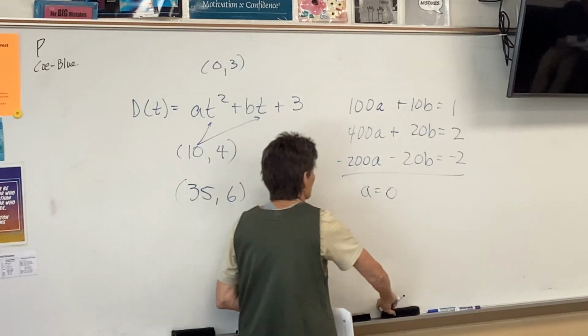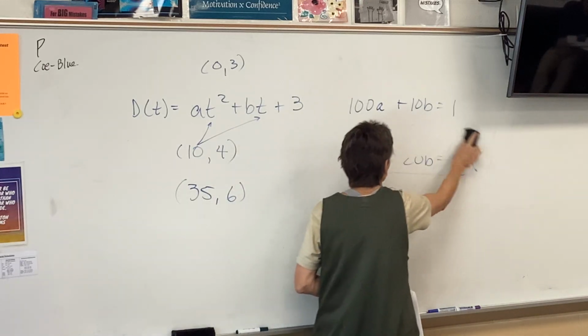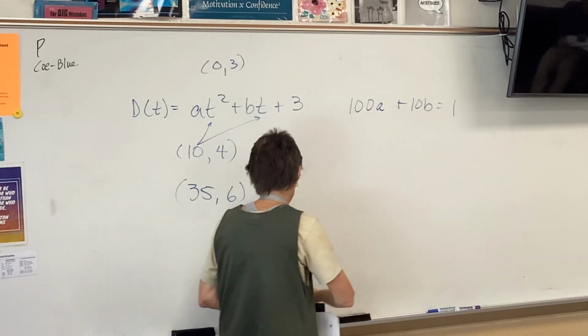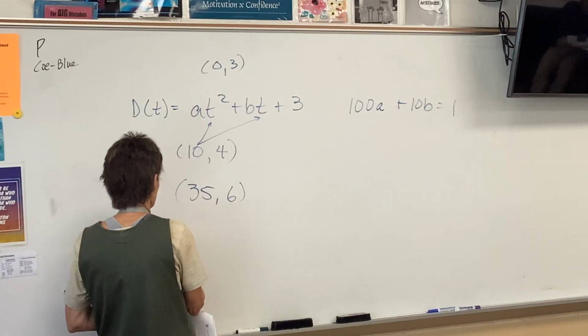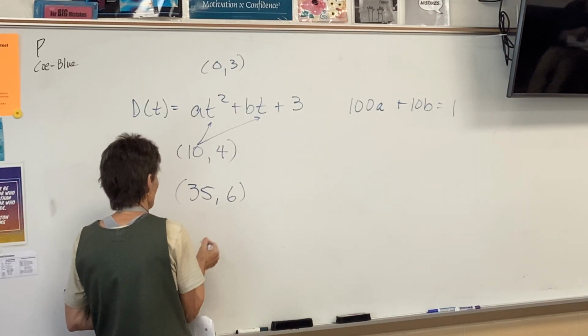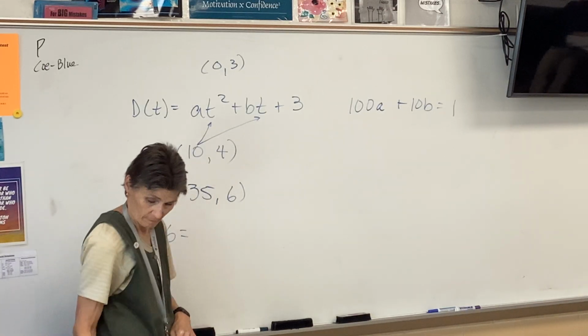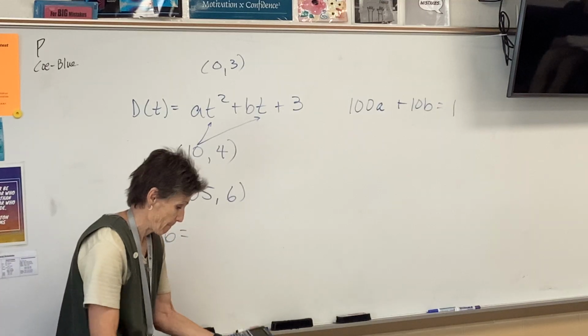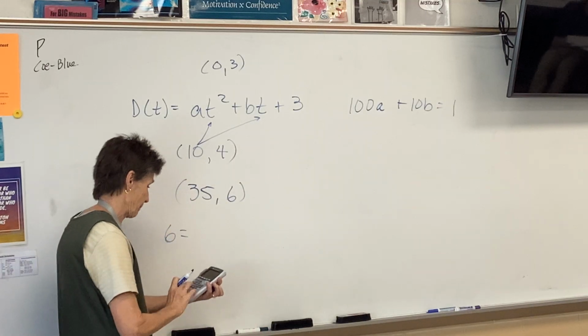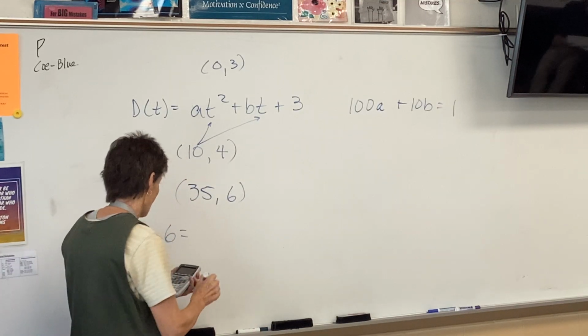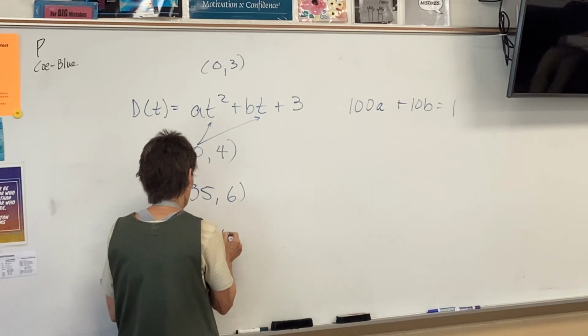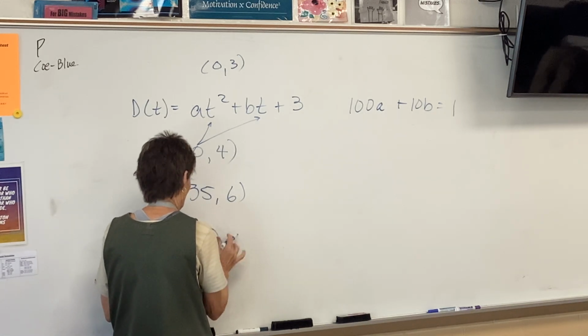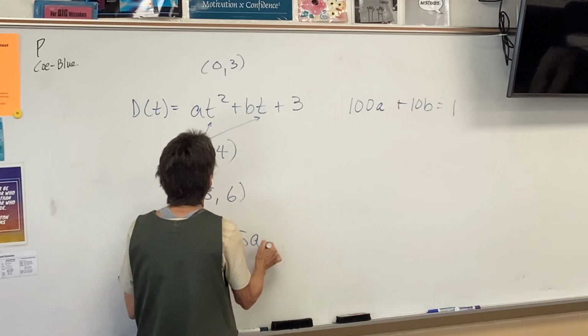So that was my first equation, is that still okay? And then 6 equals, oh no, what's 35 squared? So 1225.